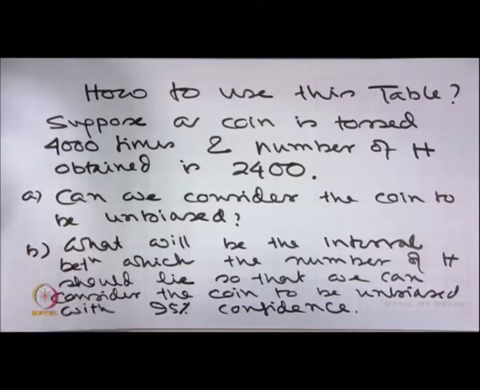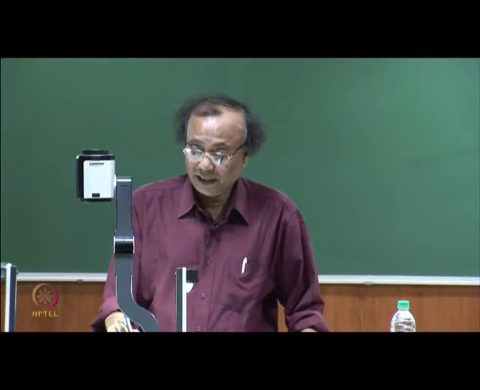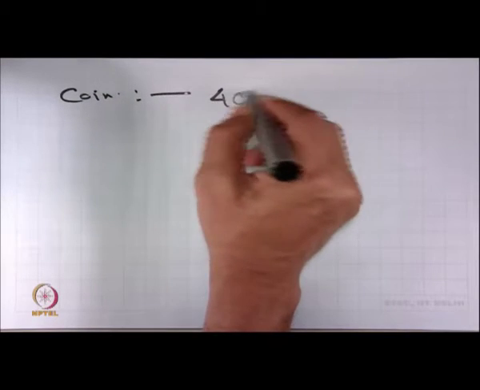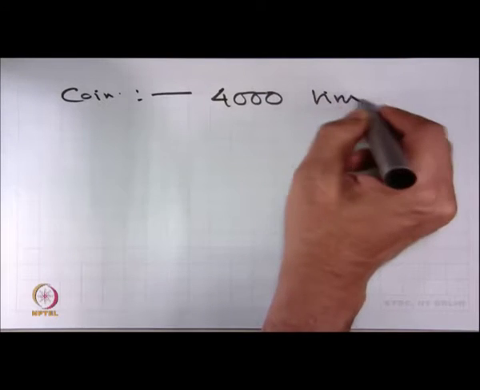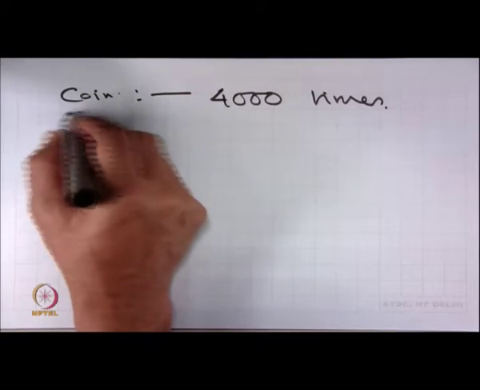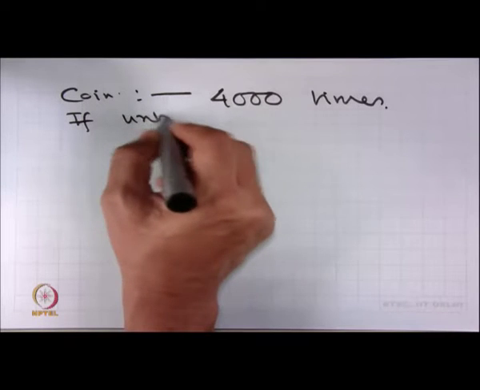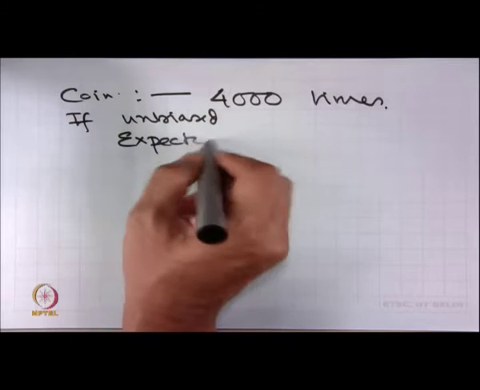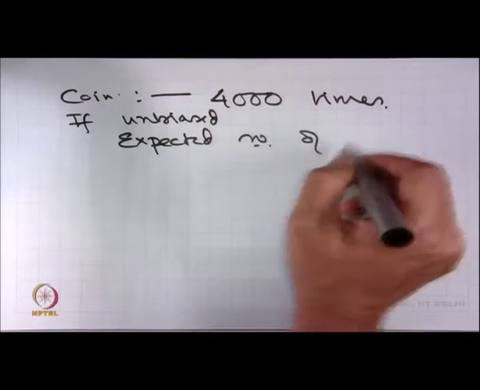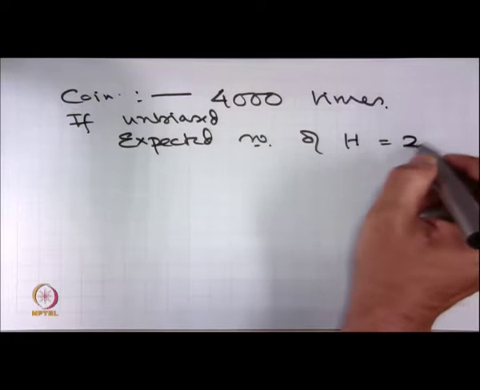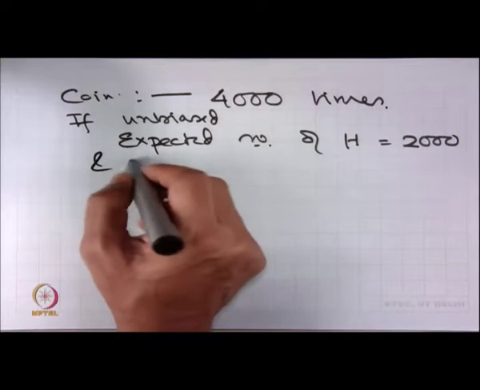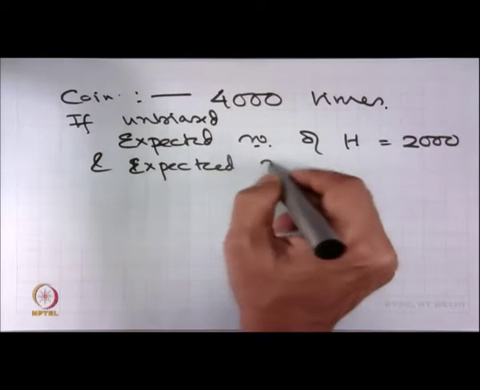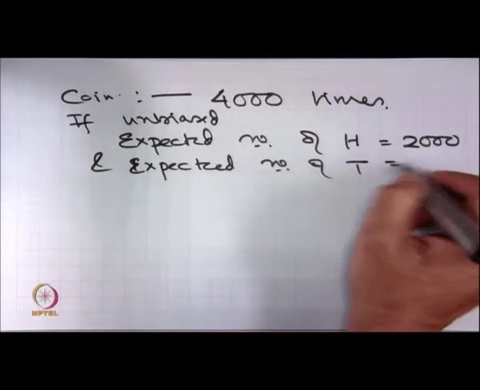So, let me explain the problem again. There is a coin, we tossed it 4,000 times. If it is unbiased, expected number of heads is equal to 2000 and expected number of tails is also 2000.